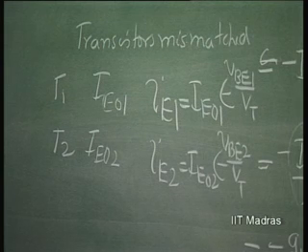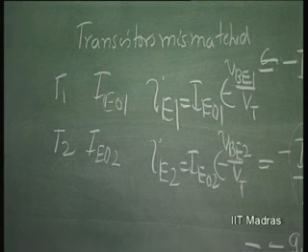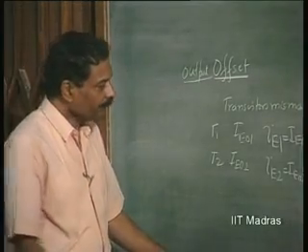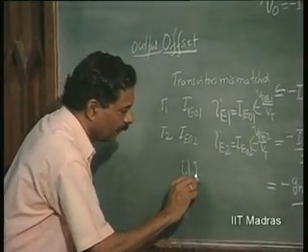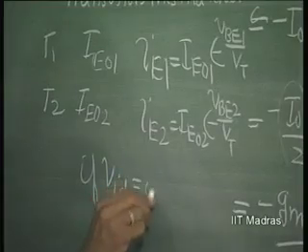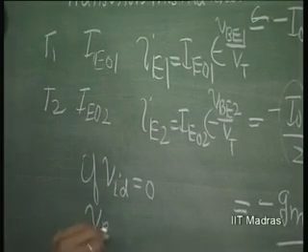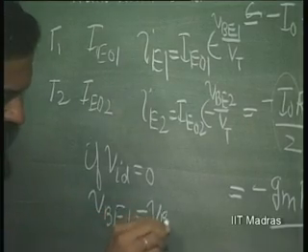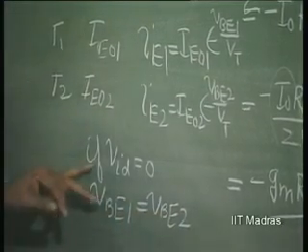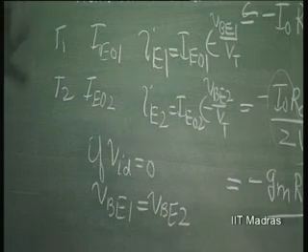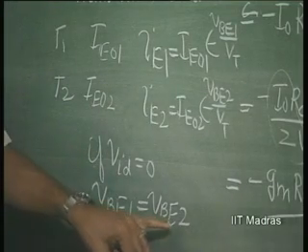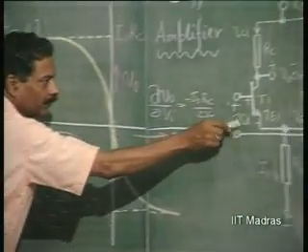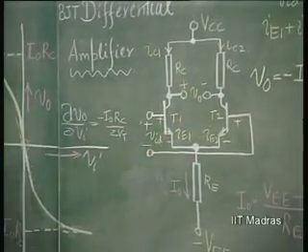So, what will be the ratio of the currents when the input is 0? If VID is equal to 0, then VBE1 is equal to VBE2. Is this clear? If VID is 0, VBE1 is equal to VBE2. If this is shorted, this voltage is always the same as this voltage.